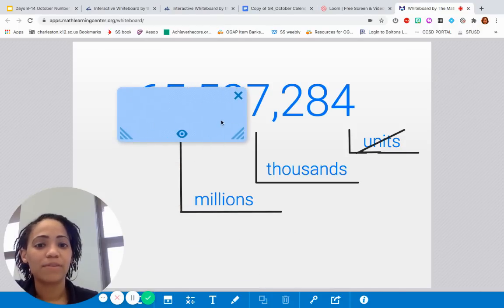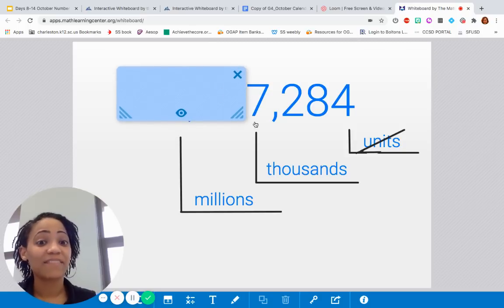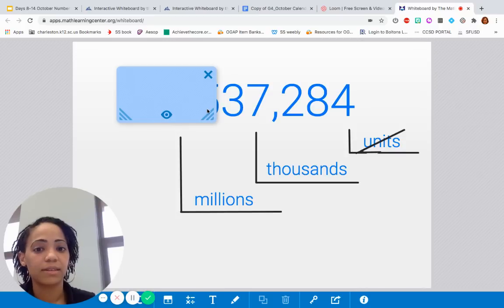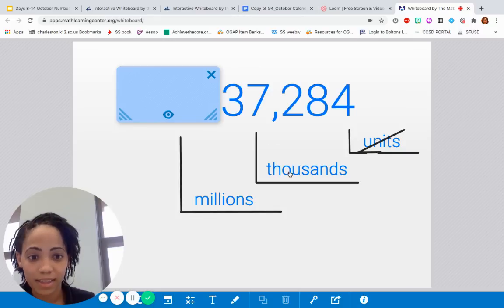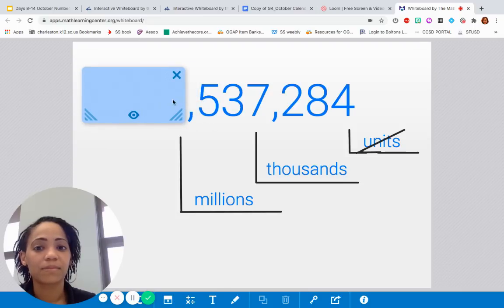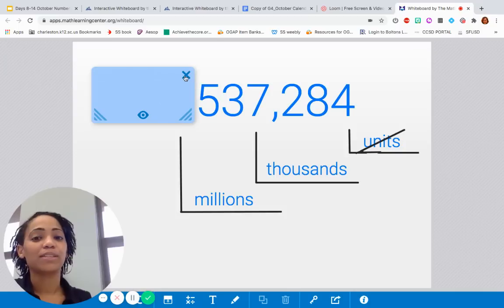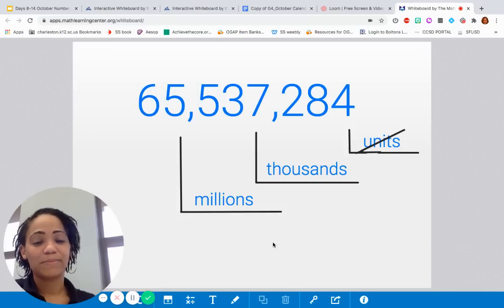So we knew 7 was in the thousands place, so this was 7,284. What if I had just that? Good, it would be 37,284. So what if I have this? Right, we didn't move to the next family yet, so it'll be 537,284.